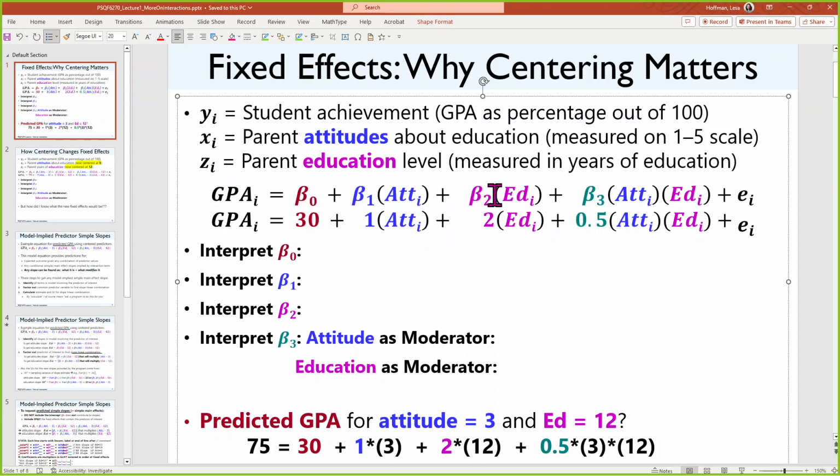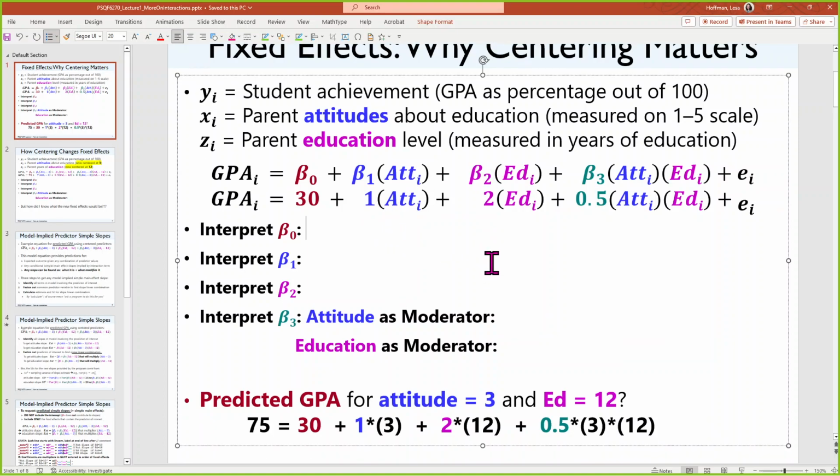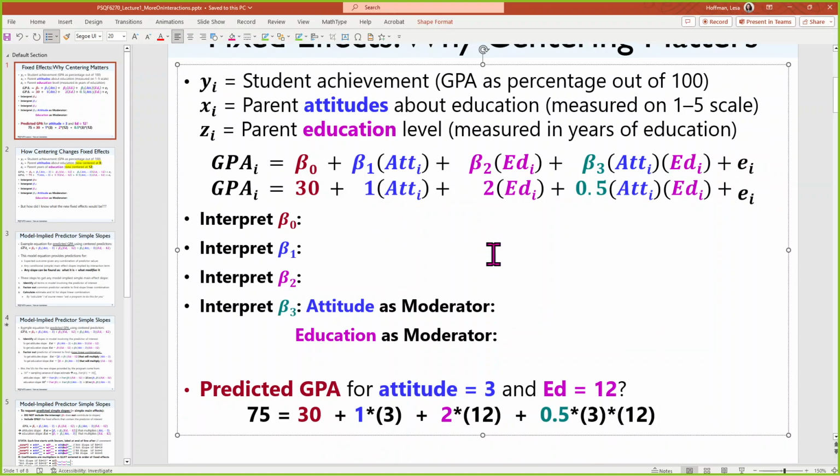So this is the slide that I pulled up last time. This is a hypothetical example, but I wanted to put some numbers in. So Y is student achievement on a percentage scale out of 100. X is some measure of the importance of education on a 1 to 5 scale, so an ordinal measure like we would typically see in the social sciences. Parent education in terms of number of years.